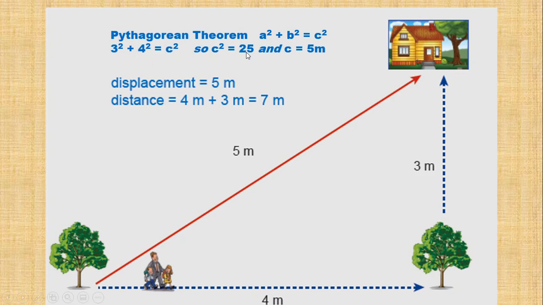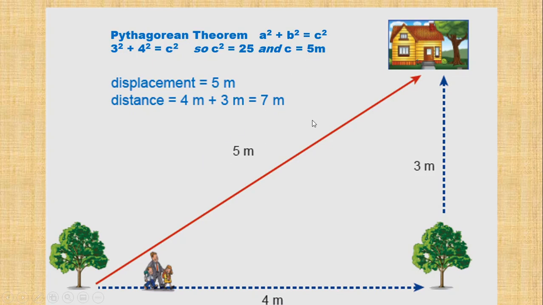Okay, but that c squared is 25. All right, so you're not done until you get c. Okay, c squared is not the end of your equation. You have to take the square root of c squared, and c is equal to 5 meters.